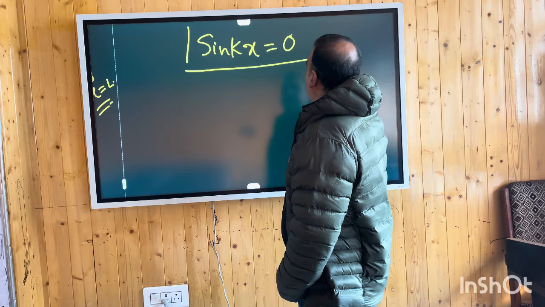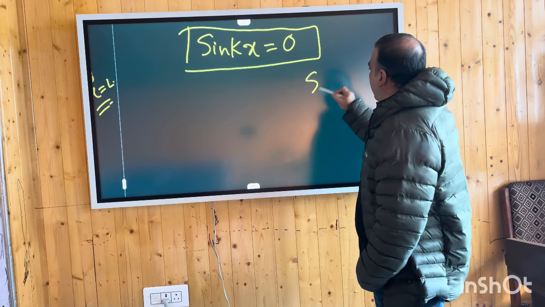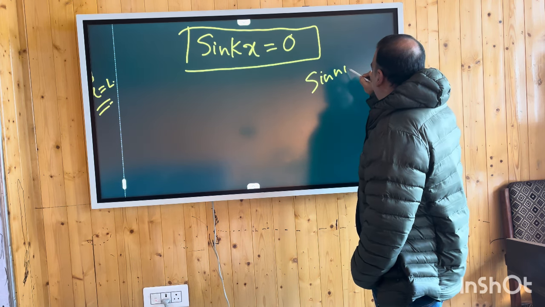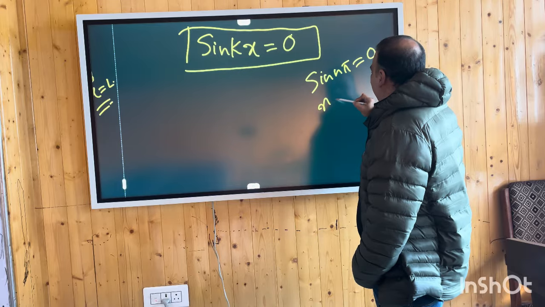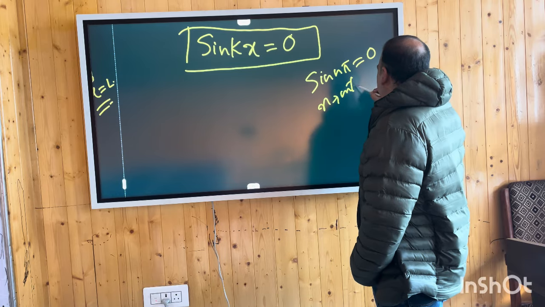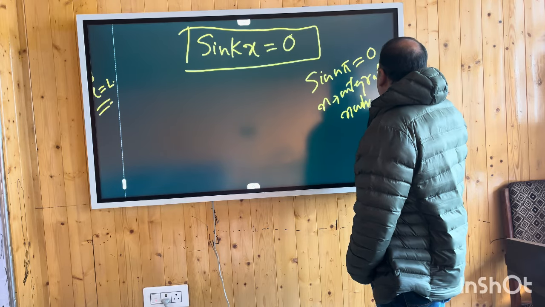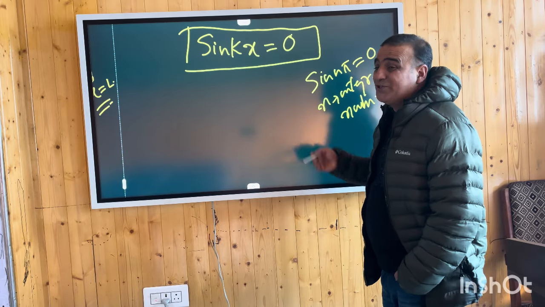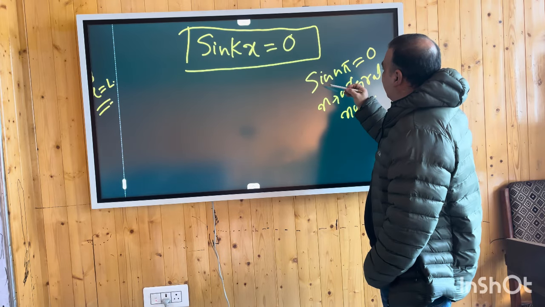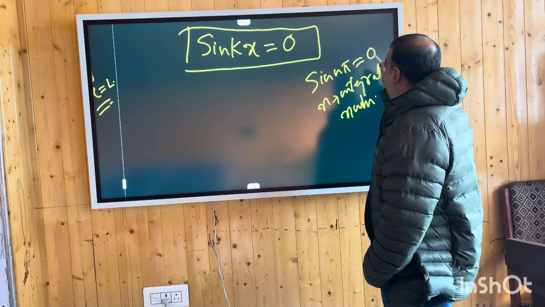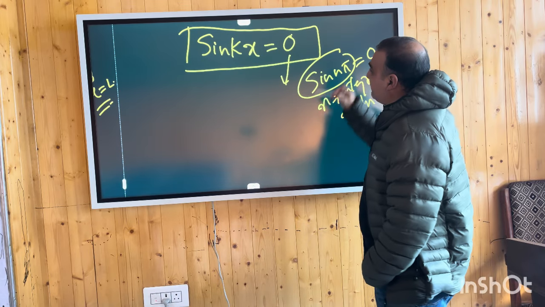Now here we can introduce for 0, because what we know is that sine of n pi is equal to 0, where n is an integral number, a positive integral number. So for any value of n pi, we will have 0. So we can replace this 0 by sine of n pi.